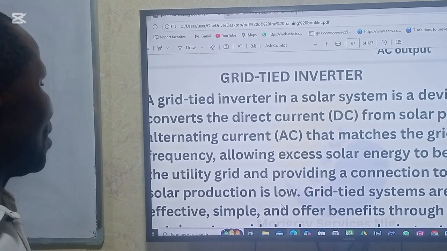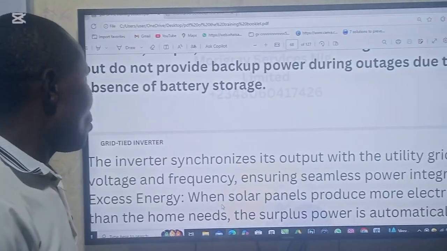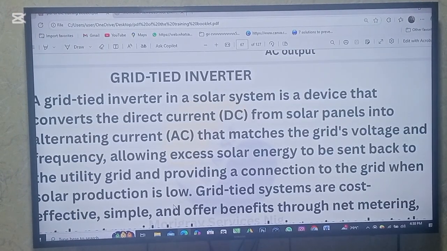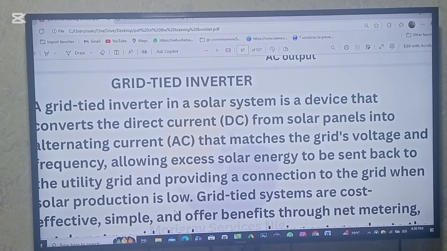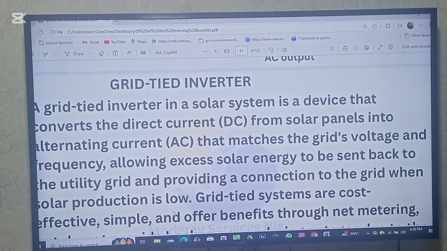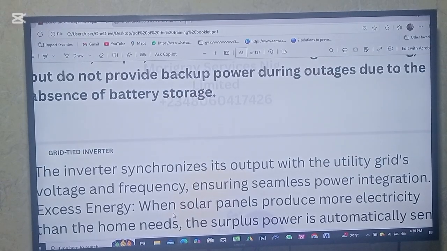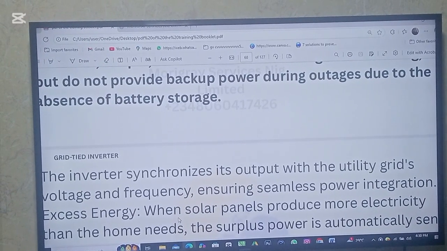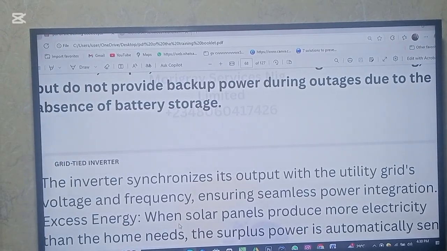There are some benefits that it offers. Number one, net metering. This grid-tied system is cost effective, simple, and offers benefits through net metering. It does not provide backup during an outage because of the absence of a battery.